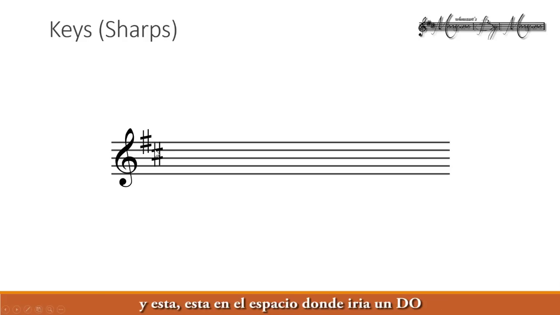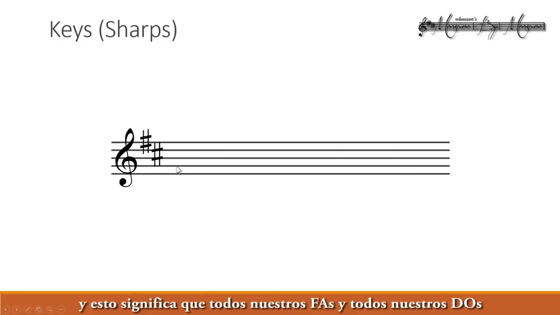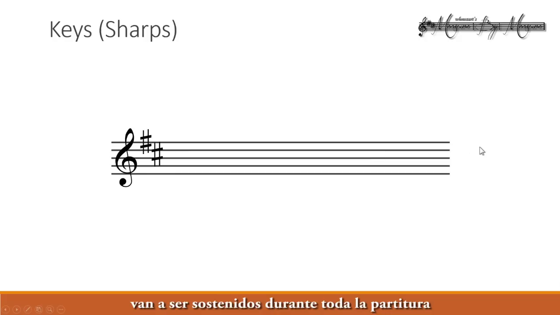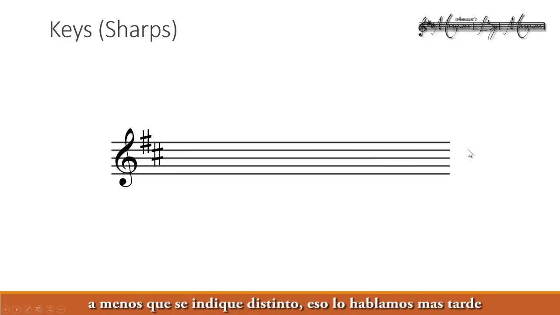And then this one is on the space where the C should be. So we have an F and a C, and these are sharps. And this means that all our Fs and all our Cs will be sharps throughout the entire sheet music, unless otherwise indicated, which we'll get to later. But that is the important thing. That's what you need to remember.